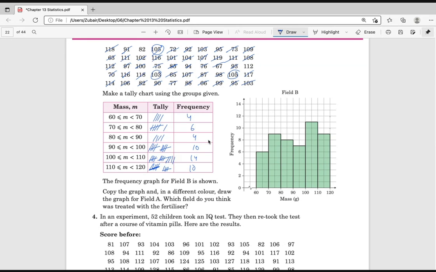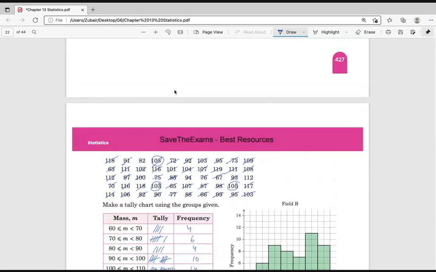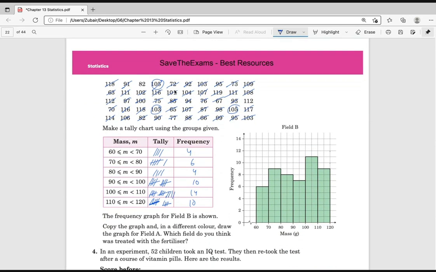Let's see if the total matches. 4 plus 6 plus 4 plus 10 plus 14 plus 10. I'm getting 48. I should get 50. So I found this 82, which was not cancelled. 82 lies in this line.